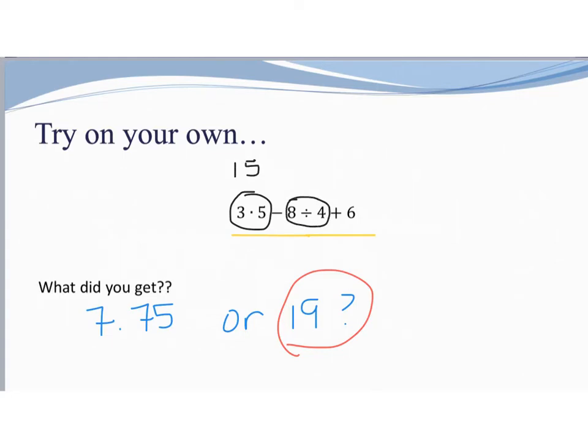I have 8 divided by 4, which is 2, and then I can do my addition and subtraction. So I end up with 15 minus 2 plus 6. And when you solve that, 15 minus 2 is 13 plus 6 gives me 19. So 19 is the correct answer.